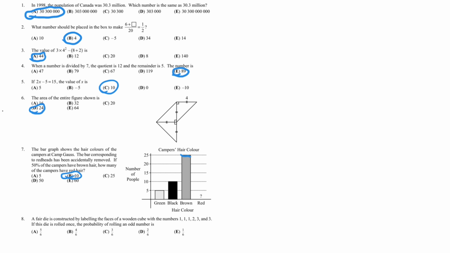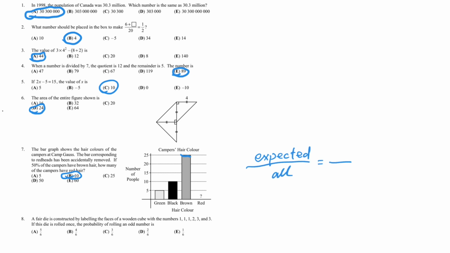Number 8. A fair die is constructed by labeling the faces of a wooden cube with the numbers 1, 1, 1, 2, 3, and 3. If this die is rolled once, the probability of rolling an odd number is... For probability, always use the expected events over all events.